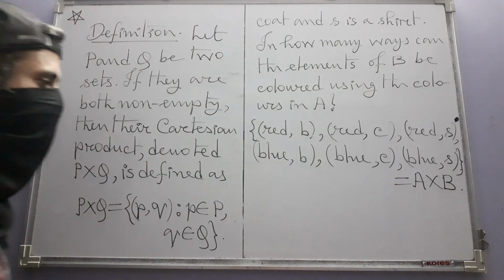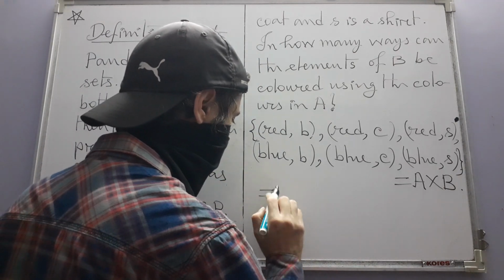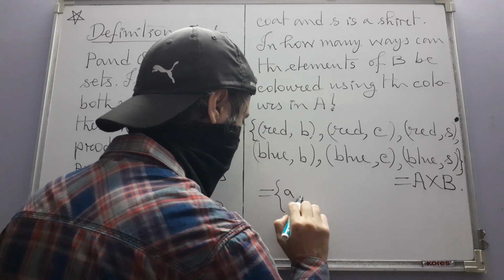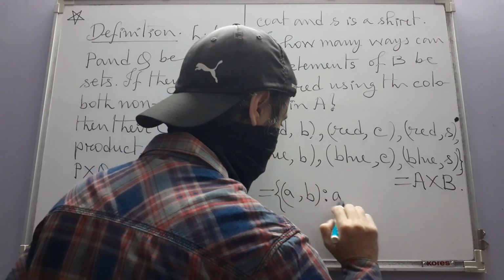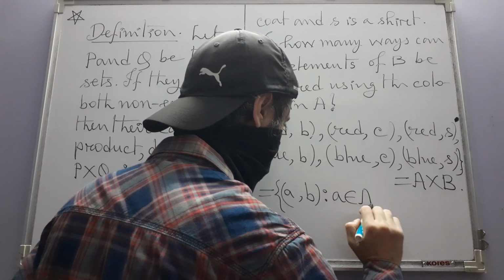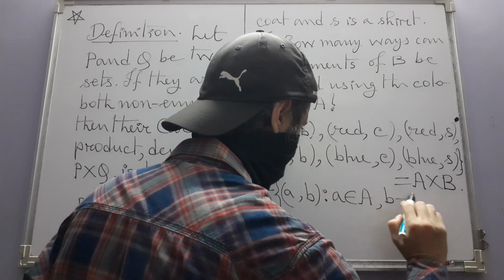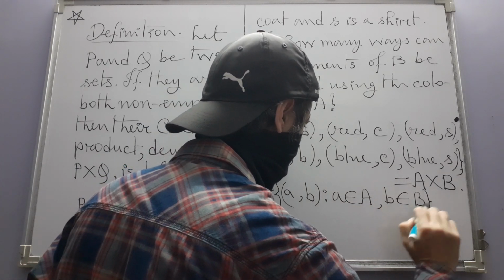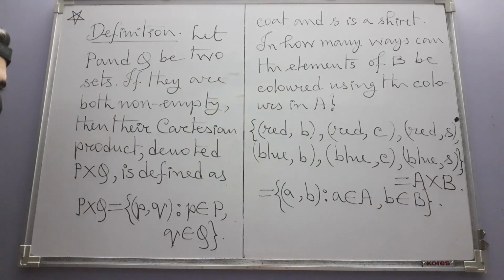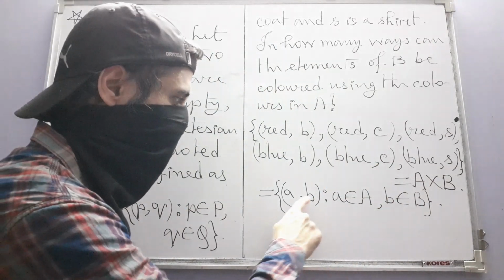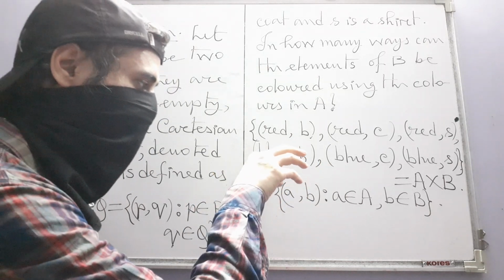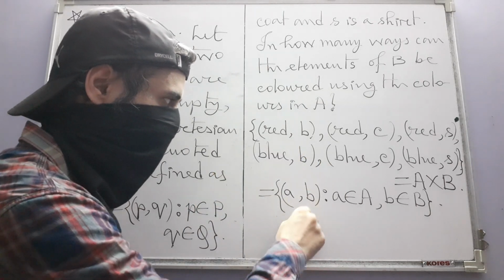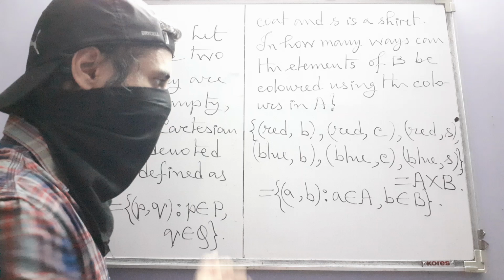A times B is also equal to the set of all ordered pairs (a, b) such that a belongs to A and b belongs to B. In other words, the first element is coming from A and the second element is coming from B. Keeping that intact, you consider all possible such ordered pairs.